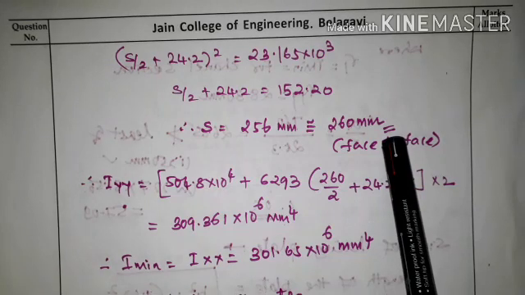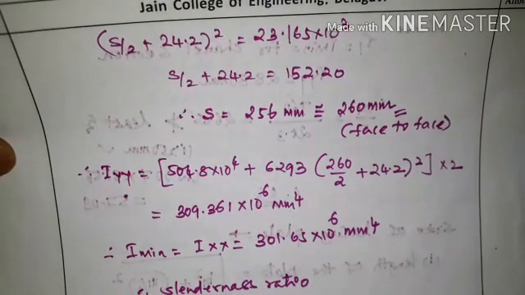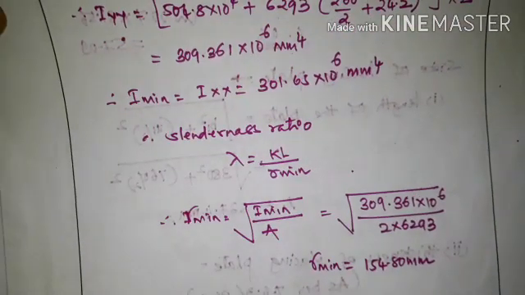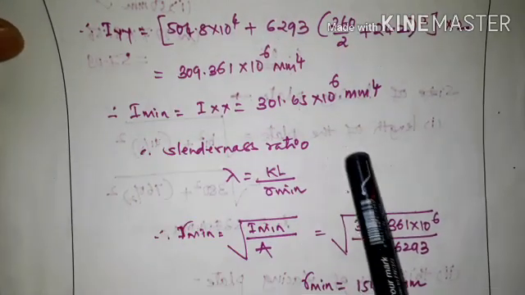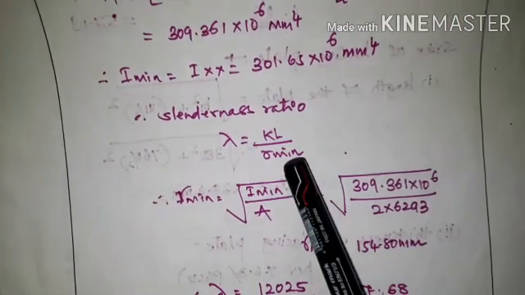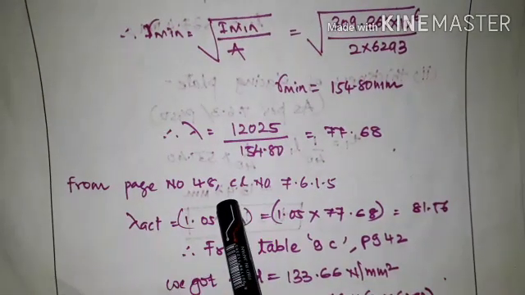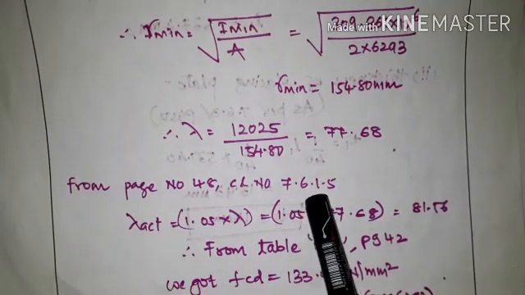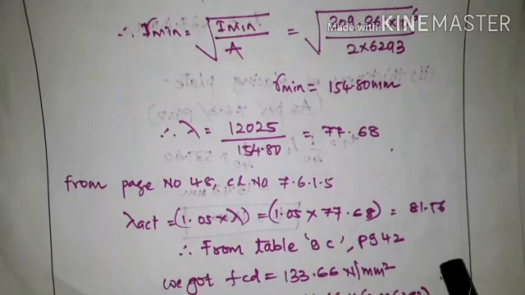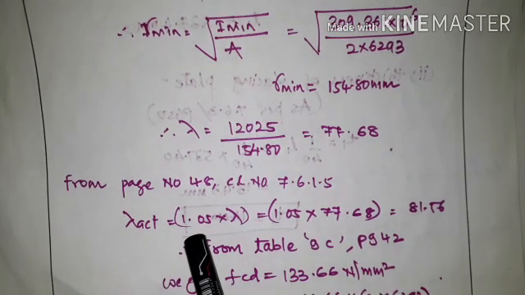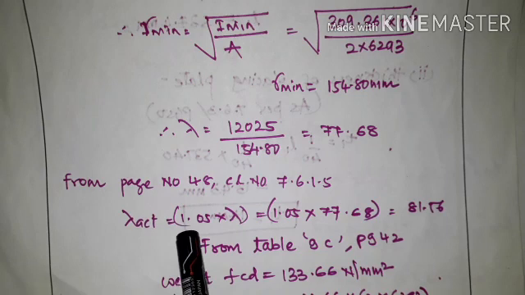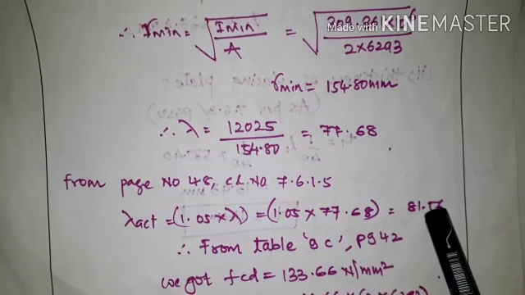These steps remain the same, you have to follow all of them the same. Then we calculated Iyy, the slenderness ratio and r minimum. Then as per clause 7.6.1.5, page number 48, we have to increase lambda by 1.05 times, so we got 81.56.